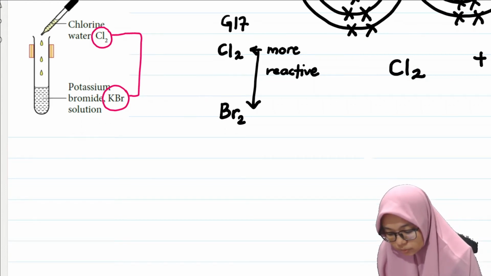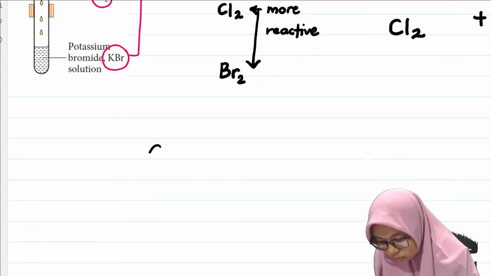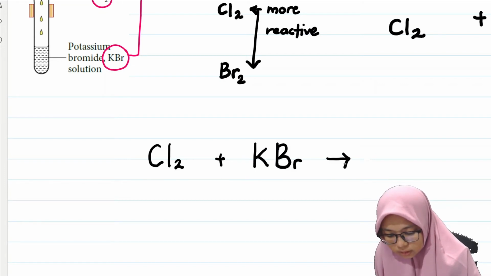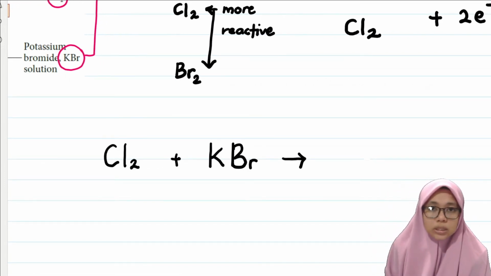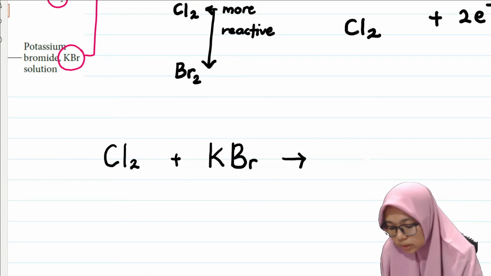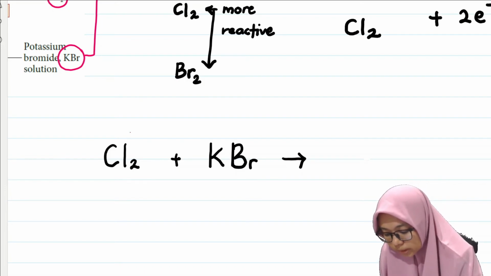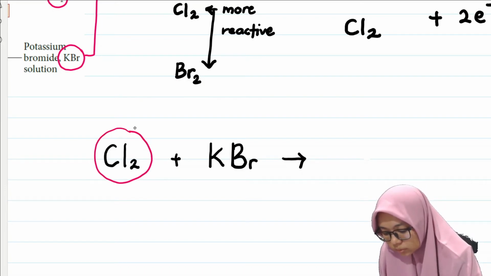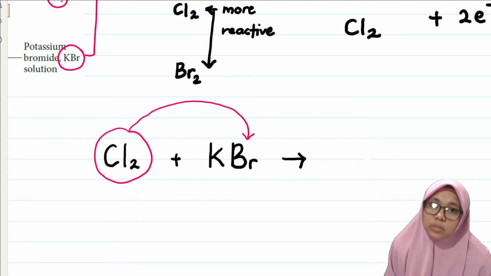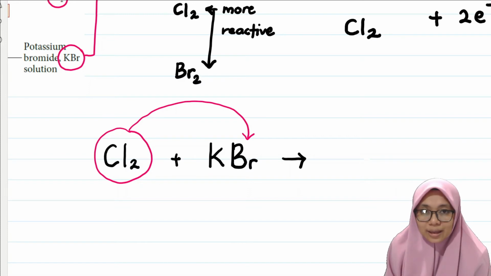So what we are doing here is that we add chlorine into potassium bromide solution, and the product formed is a new product. Okay, so we say that chlorine is more reactive, so chlorine is able to displace. So this molecule will be able to displace bromine from its halide solution.